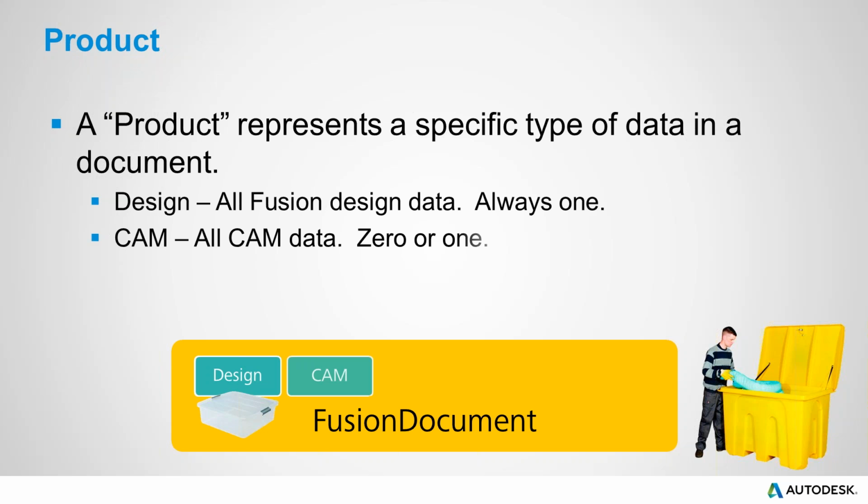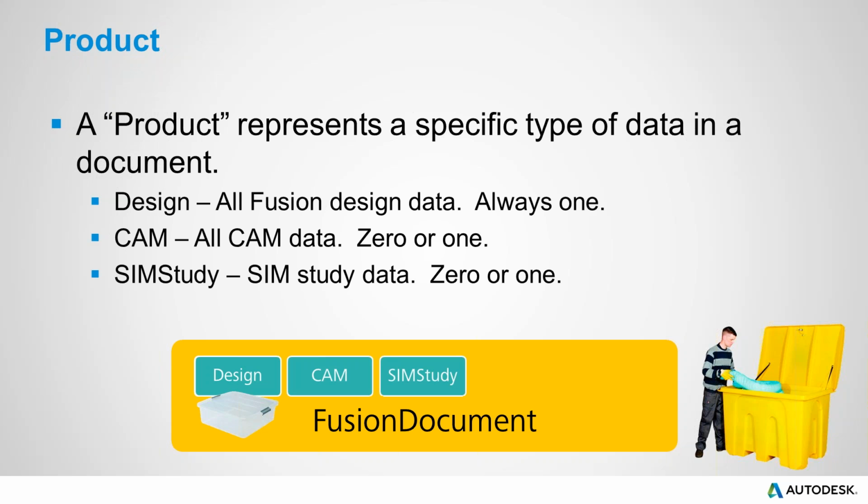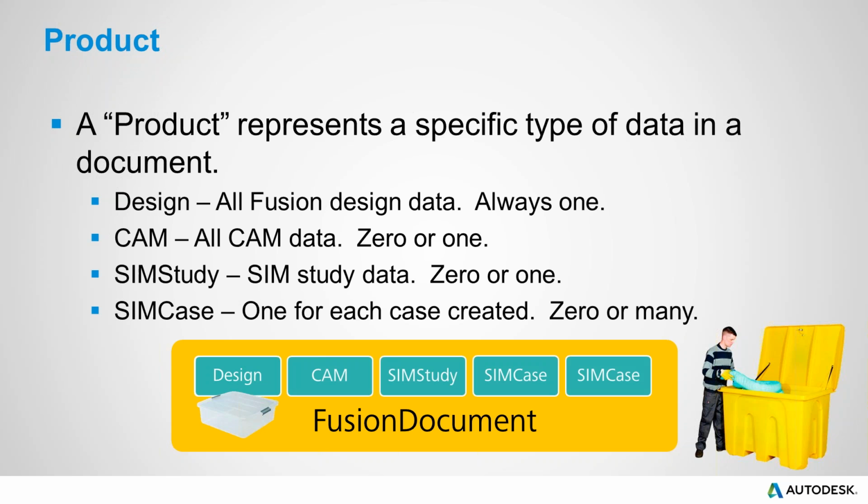And then there's also other products. There's a CAM product, which doesn't really exist through the API yet, but will. So you can access CAM data that's inside a document. There's a sim study document, and then sim cases.